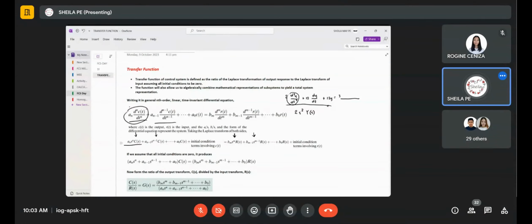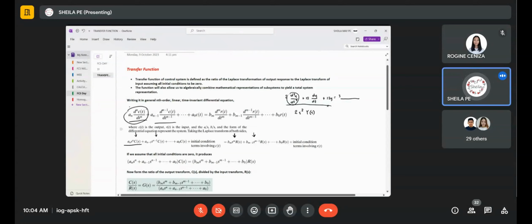Okay, a sub n is our coefficient, and s is raised to the power of n, depending on what order our differential equation is. Then C of s is the denotation for the Laplace transform.